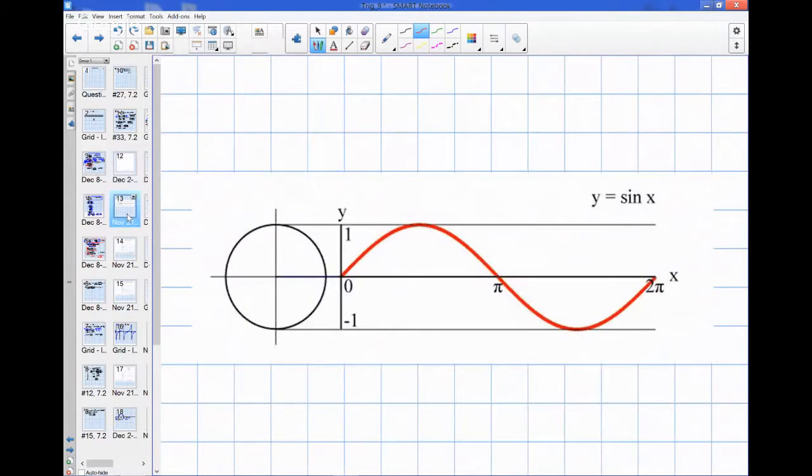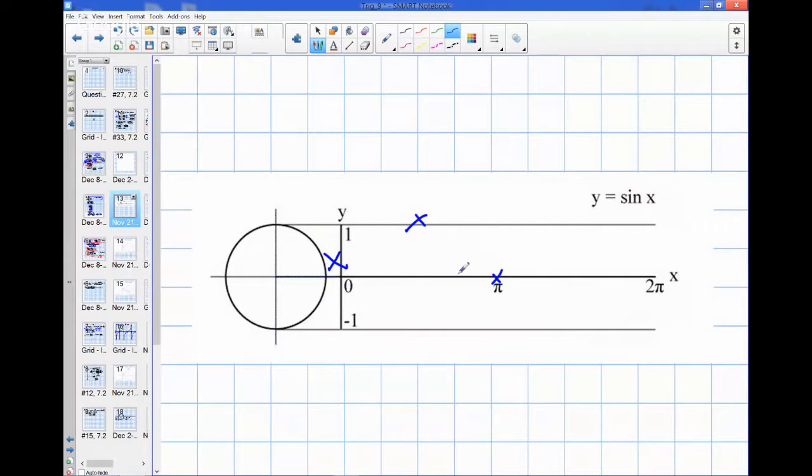This is one way of looking at it. In the first quadrant, sine starts at 0 and increases up to 1. That's what happens from this point right here up to this point. And then in the second quadrant, it goes from 1 back down to 0 again at pi.